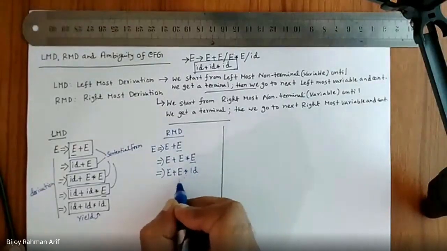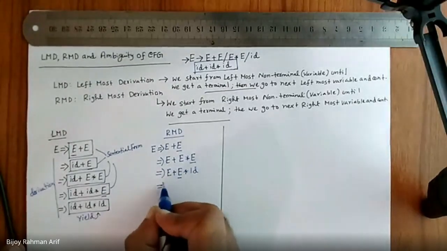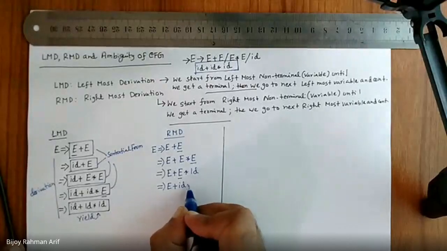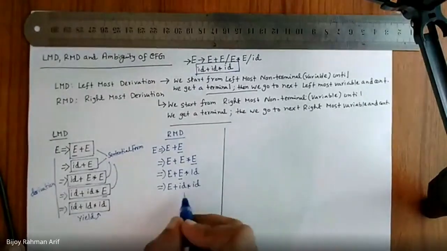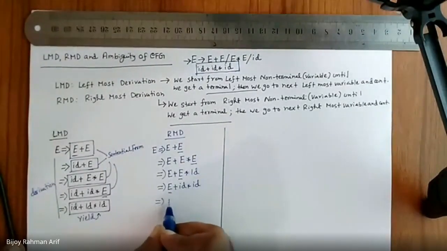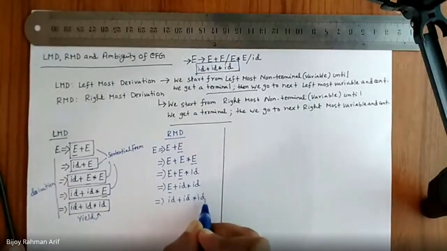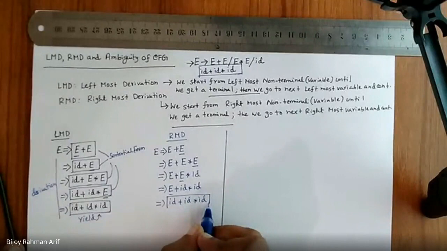Now this one has become a terminal, so I take this one: E plus ID star ID. Now I take the rightmost, ID plus ID star ID. I again got the desired result.